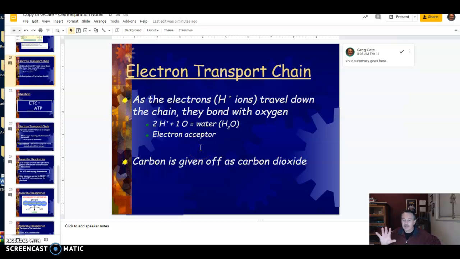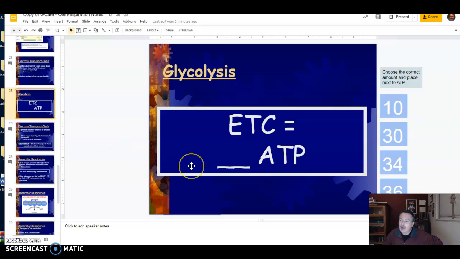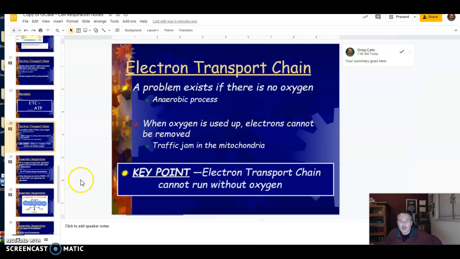So water is a product of the electron transport chain, where carbon dioxide is given off in the Krebs cycle. And how many ATP are produced in the ETC? Go to page 3, not 30, and you'll notice it's like 34-ish. All right, a couple more slides here.